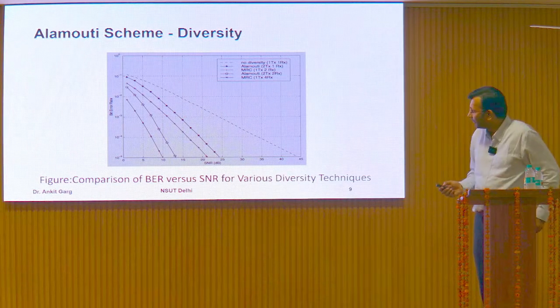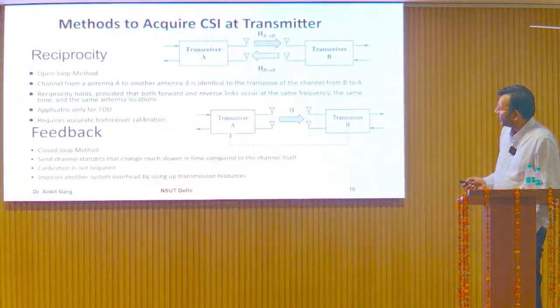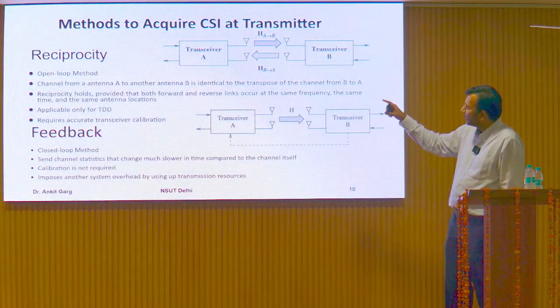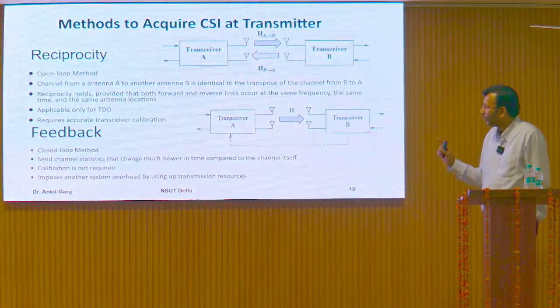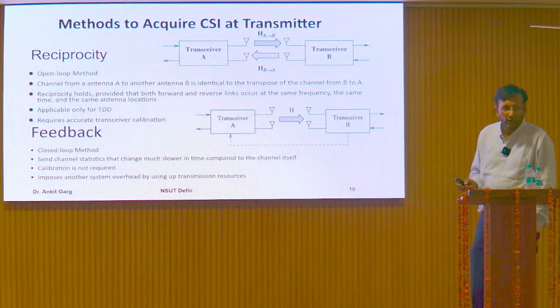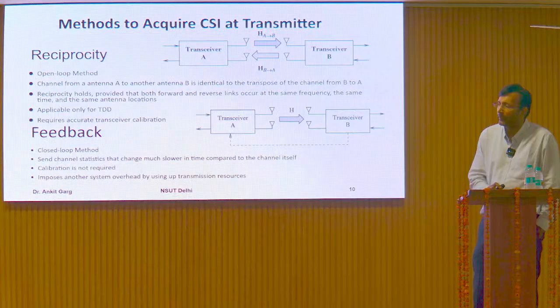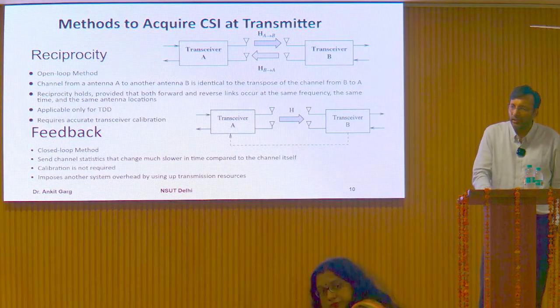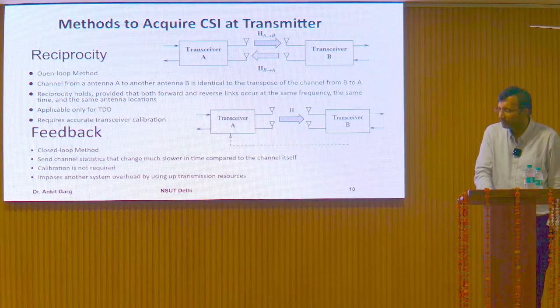So this is what we propose, the feedback part, right? The first part is a quite well-known technique for how to acquire the channel state information at the transmitter, but it requires lots of calibration, and this calibration for a massive number of antennas is not always possible, right?